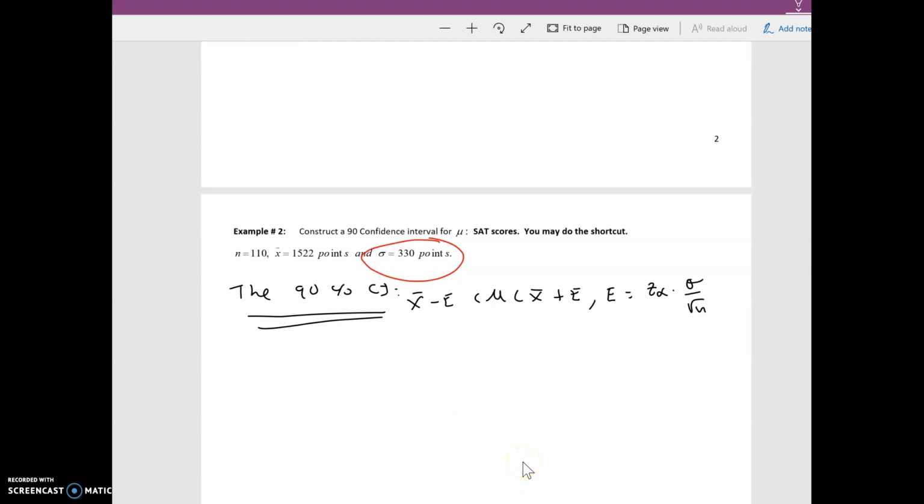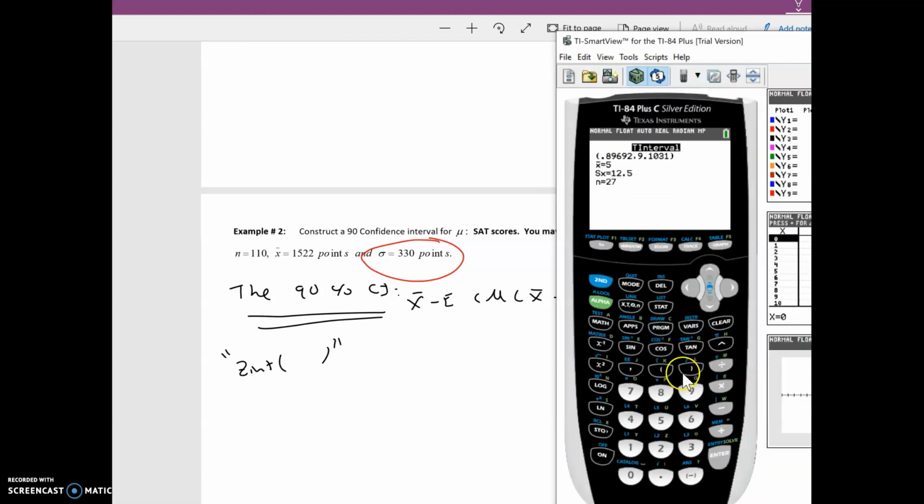You're going to be running a Z interval, and you're going to type the following values into the calculator. Let me pull out the calculator and clear everything. In this case, you're going to go to Stats, then all the way to Tests. Now you have the value of sigma, so this is going to be a Z interval, number 7.